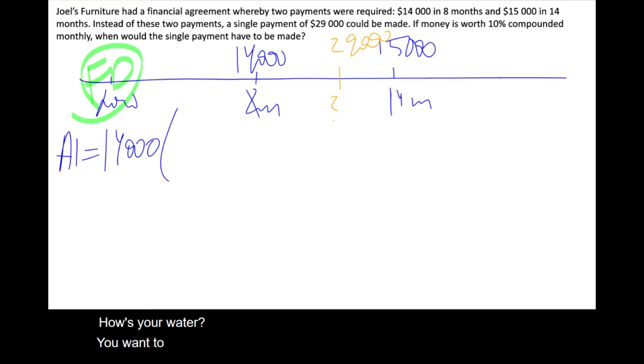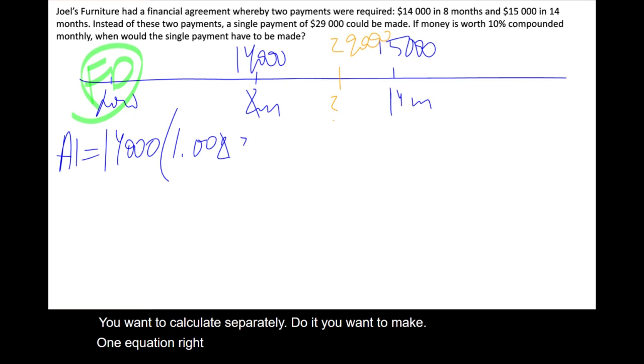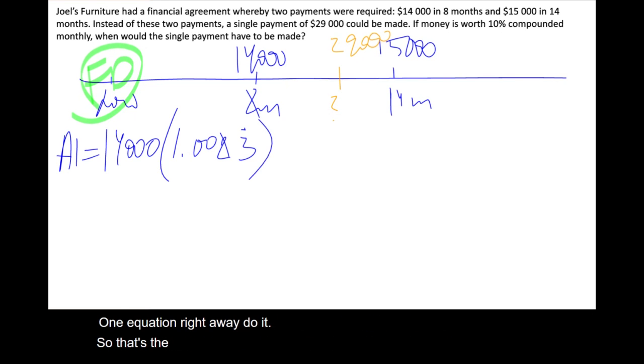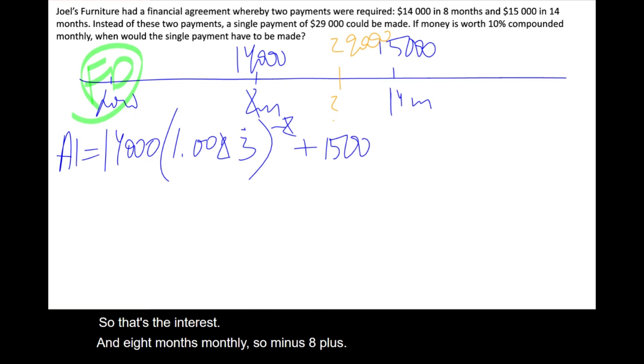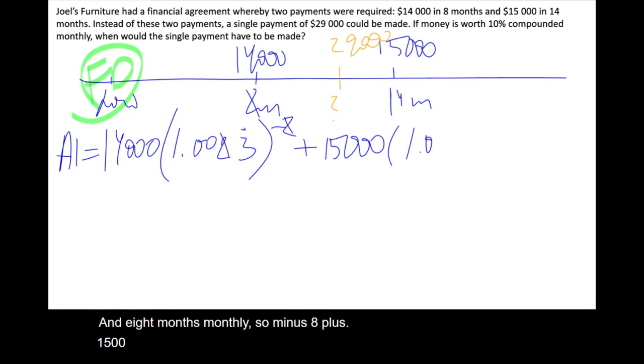You want to calculate it separately, do it. You want to make one equation right away, do it. So that's the interest. And 8 months monthly, so minus 8 plus 15,000, I mean 1,000 in period minus 14.